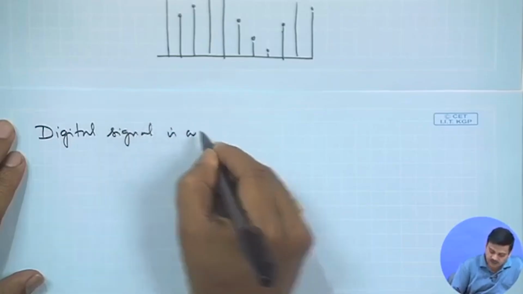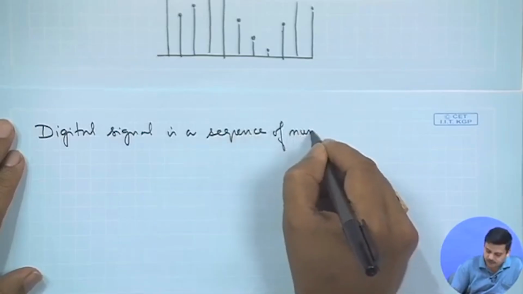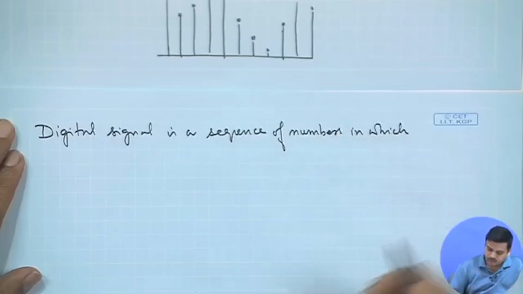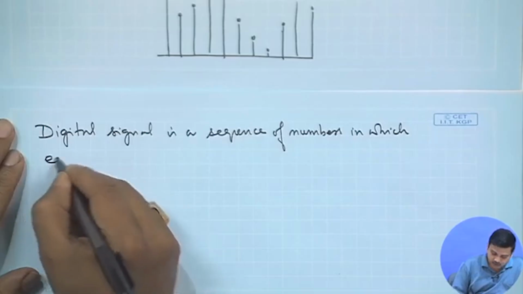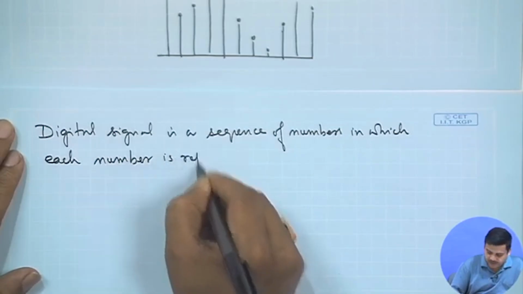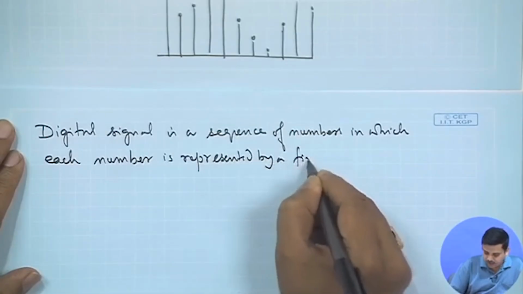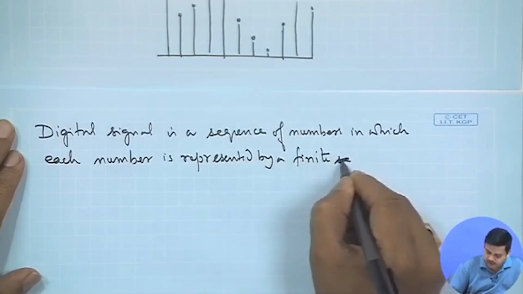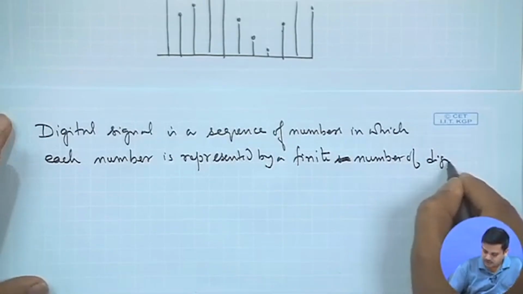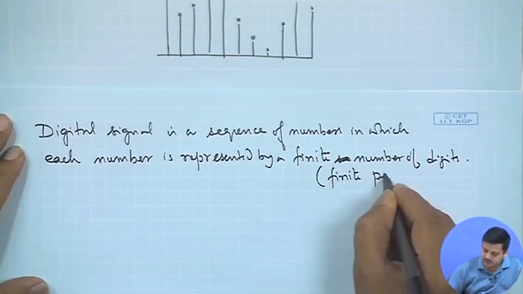A digital signal, you can define it as a sequence of numbers in which each number is represented by a finite number of digits. That is, you are talking about finite precision.